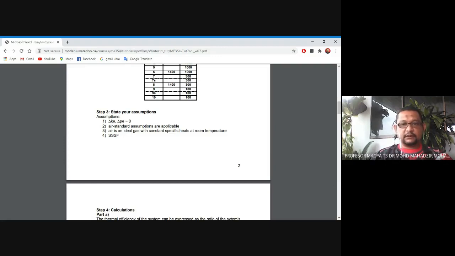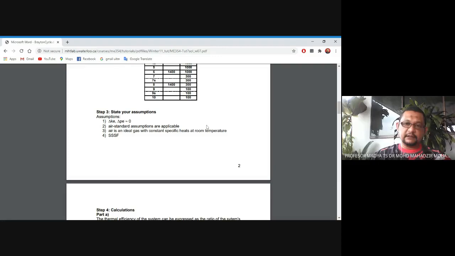Number two, assume air standard assumptions, because the working fluid is air, so we assume it as an air standard assumption. Number three, when you assume the air standard assumption, you have to assume air is an ideal gas with specific heat at room temperature.